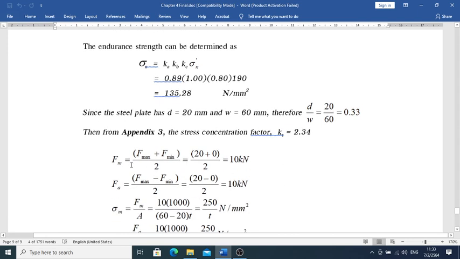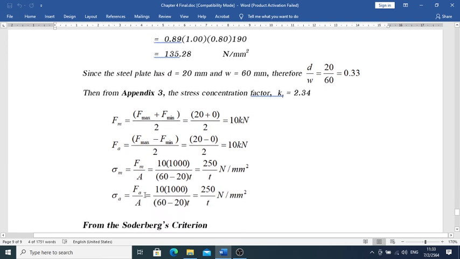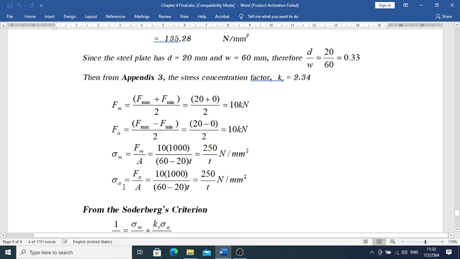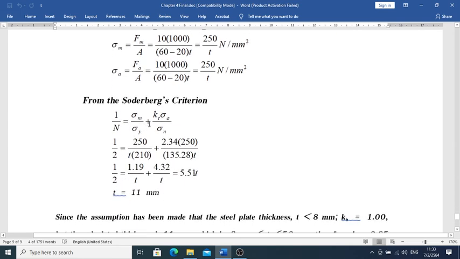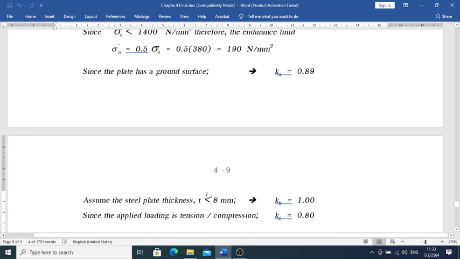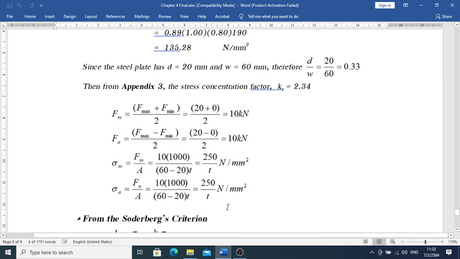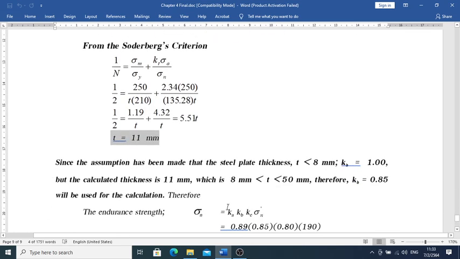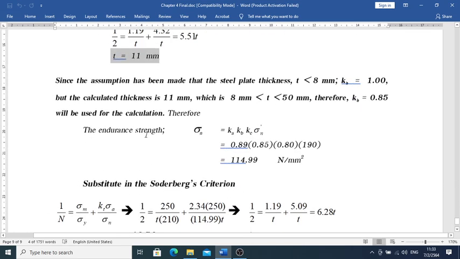So that's why F_m, F_a, okay. I got F_a and F_m, and then I got sigma_m and sigma_a. I plug them in and solve the criterion. I got t is 11. Since I assumed here t is less than 8, my assumption is wrong. So I go back there and make a recalculation.